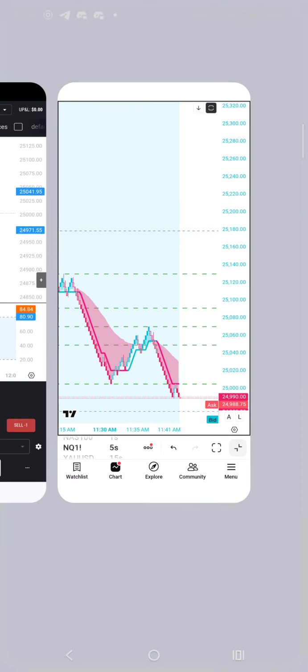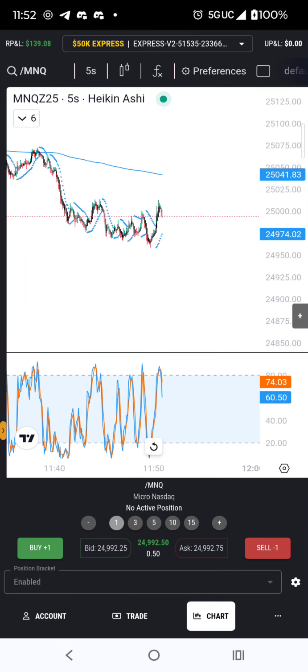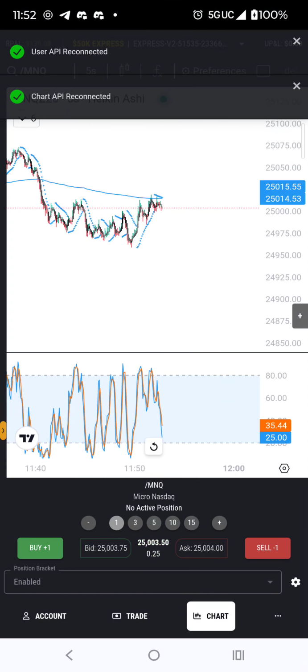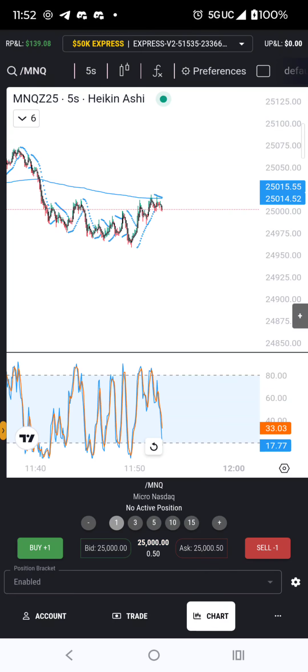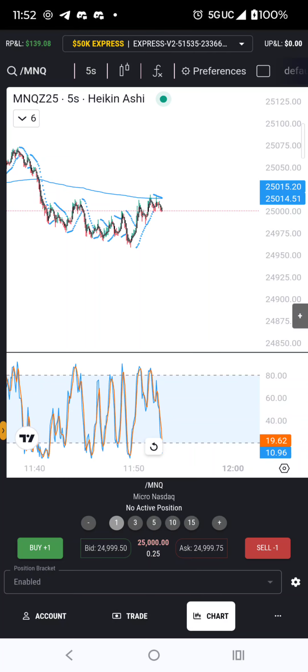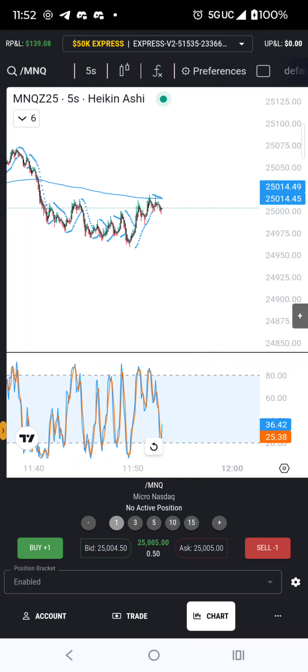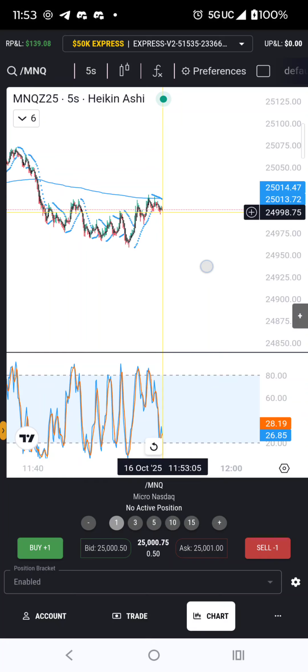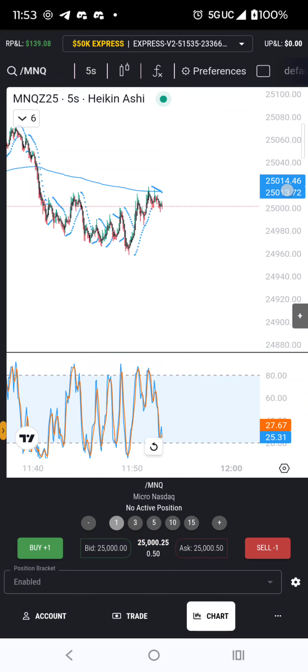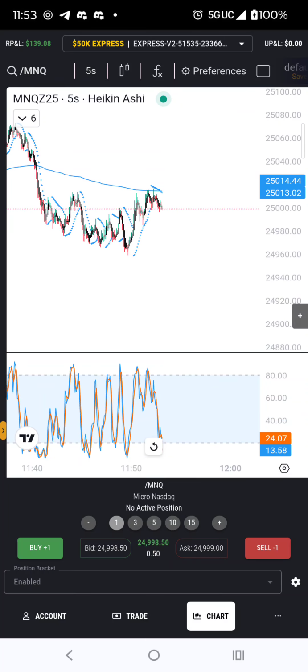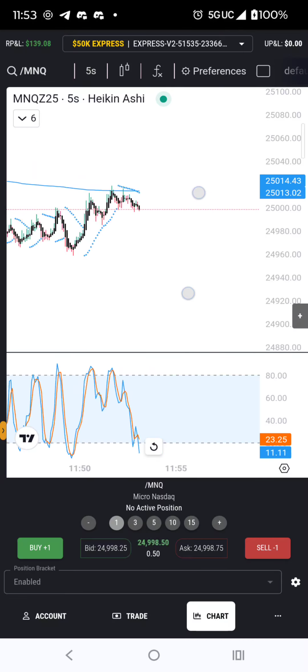Here's a sell-off right here. So we're paying attention to this right here to see if this will break. This, and this. See if this breaks. And then we can start selling that again.